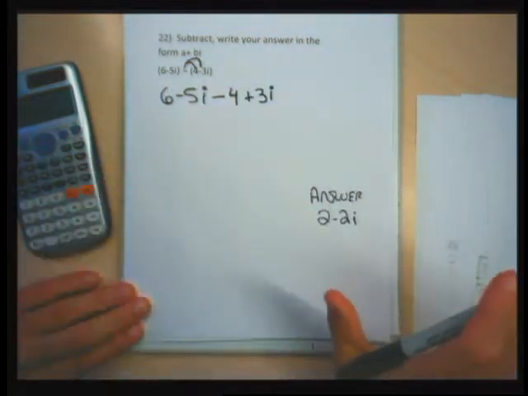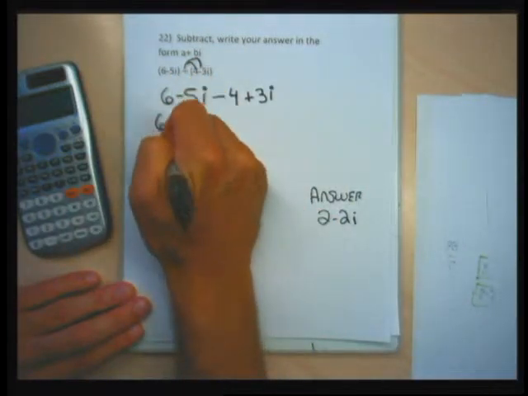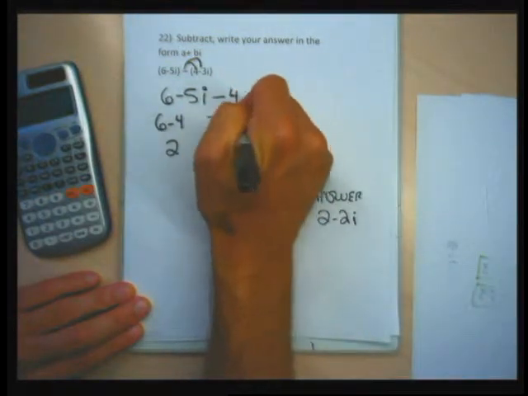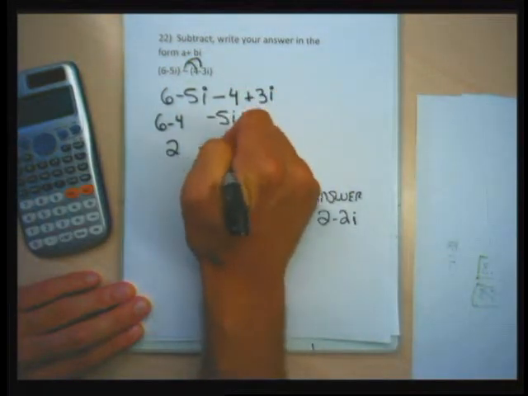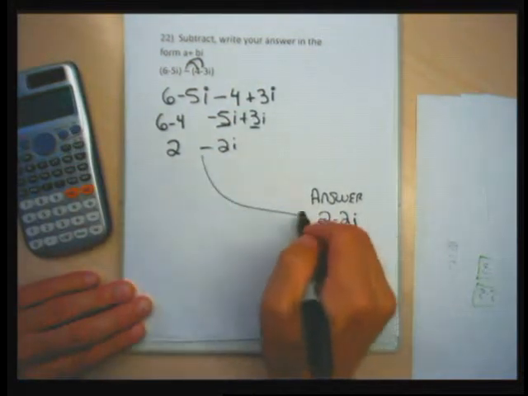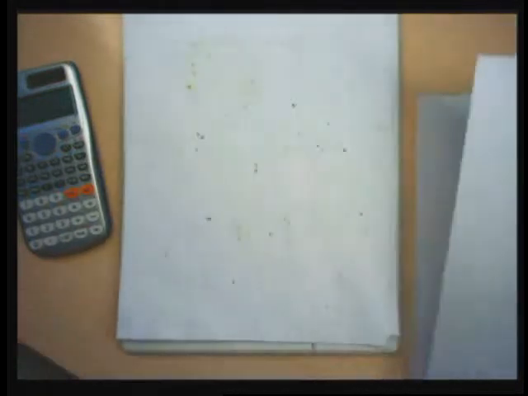So my parentheses are gone. Now I combine like terms. The like terms are the 6 minus 4, which is going to give me the 2 part of my answer, and the minus 5i plus 3i, which is going to give me the minus 2i, because I just combined the minus 5 and the plus 3, and there's exactly the answer that I came up with my calculator.